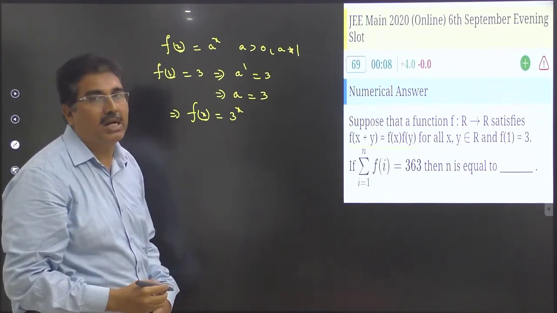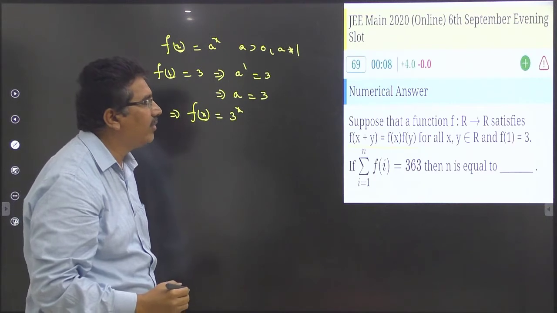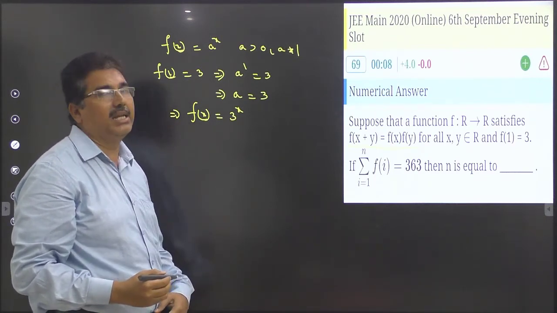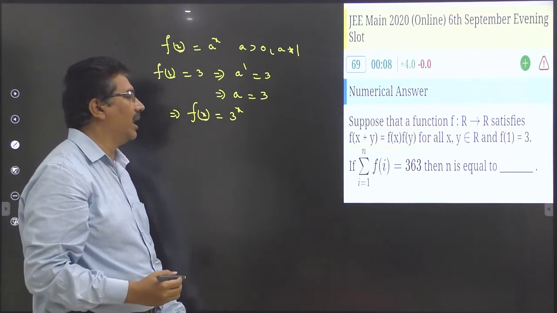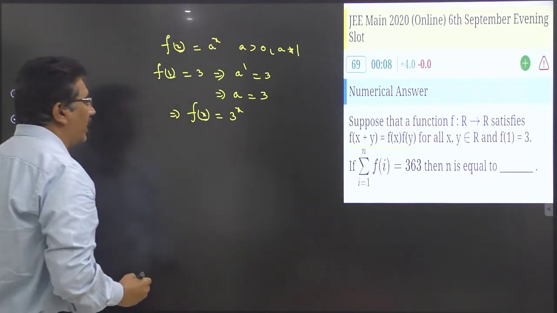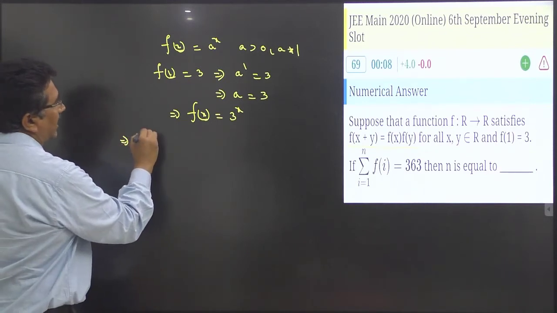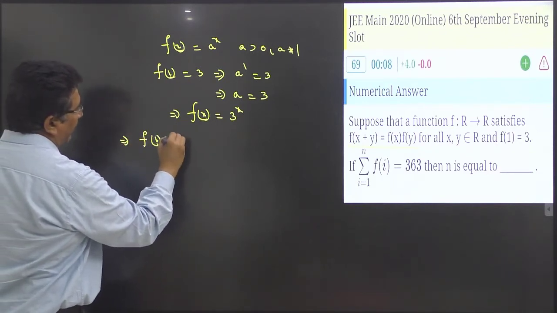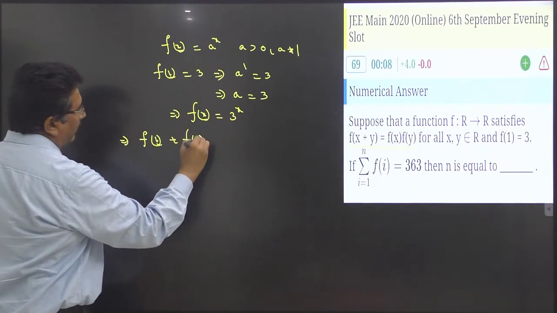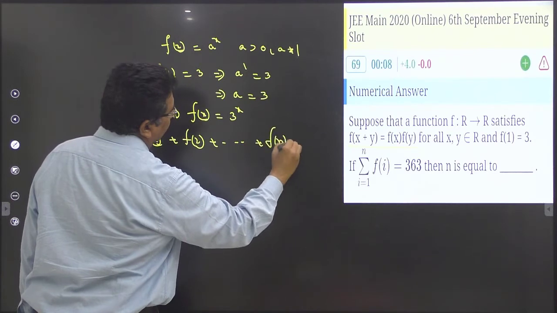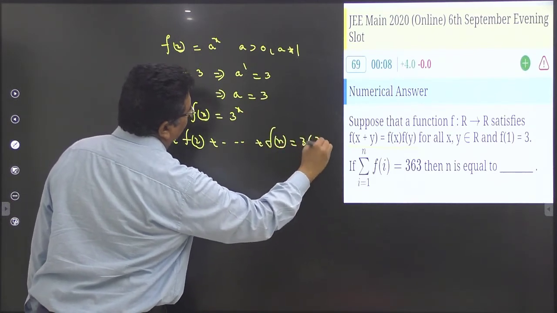If the sum from i = 1 to n of f(i) is equal to 363, then n is equal to? Expanding the sigma notation, f(1) + f(2) and so on up to f(n) is equal to 363.